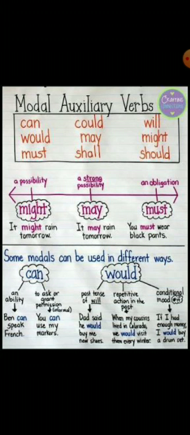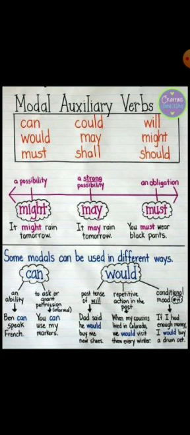And would is the past form of will. Would is used to indicate request, repeated action, and conditional mood. Conditional mood means if or whether.